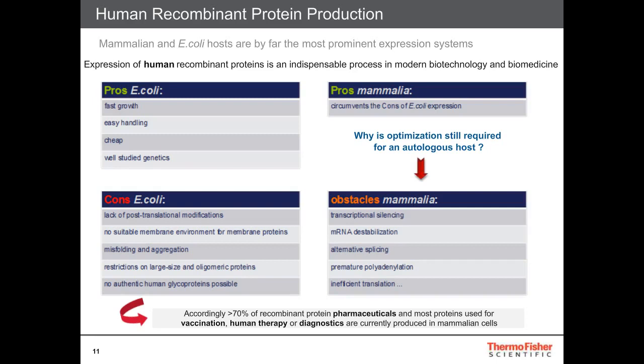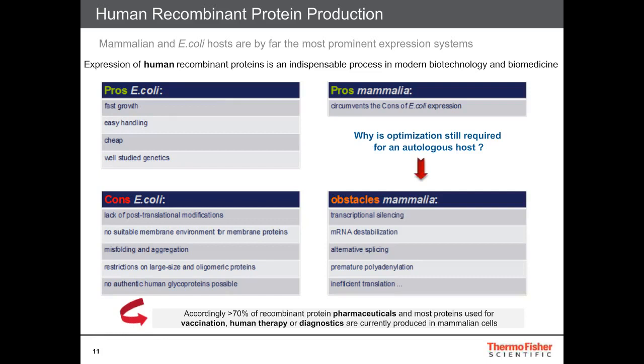But, of course, especially for the production of human recombinant protein, it has significant limitations, such as the lack of post-translational modifications. You will never have a suitable membrane environment for membrane proteins. Overexpression of your proteins might lead to misfolding and aggregation, so you have to resolubilize your proteins, for example, from inclusion bodies.